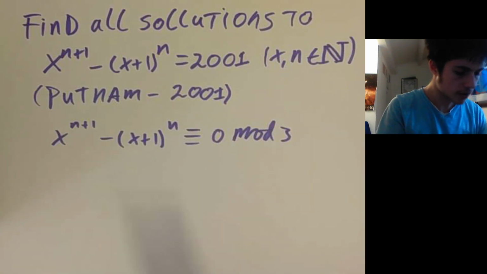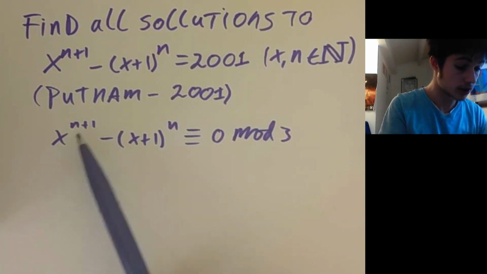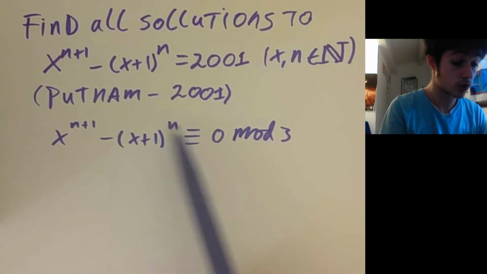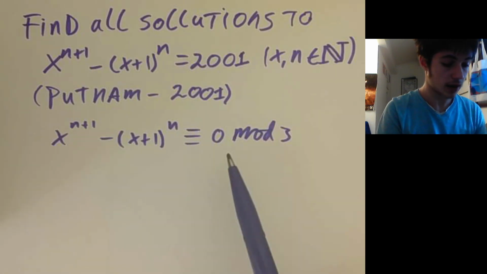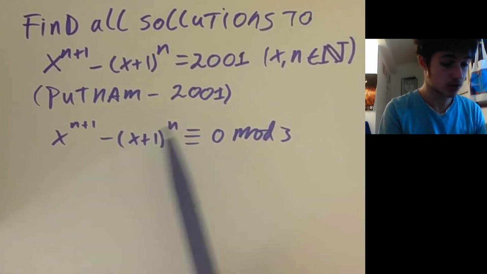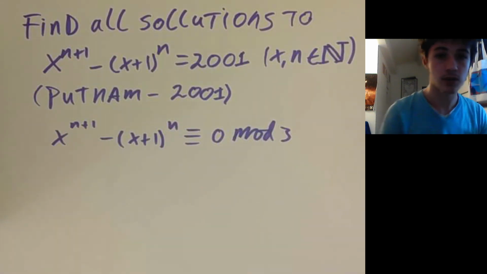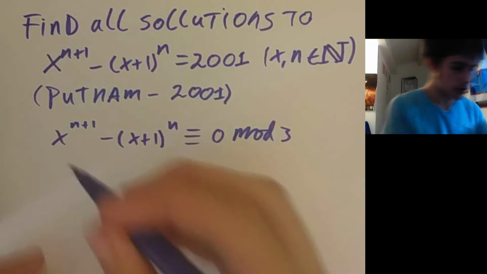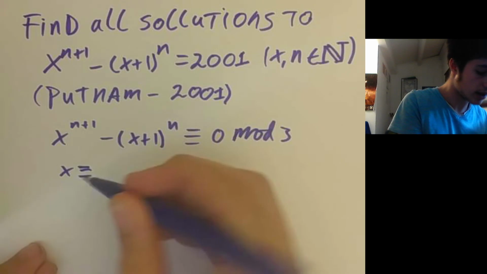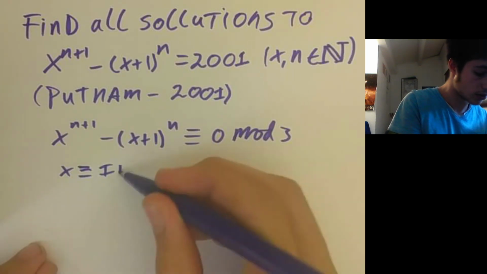Well, 0 won't work, because then this will be divisible by 3, but this wouldn't, and 2 will also not work, because then this part will be 0 or divisible by 3 and this part won't. So you already see that x has to be congruent to 1 modulo 3.